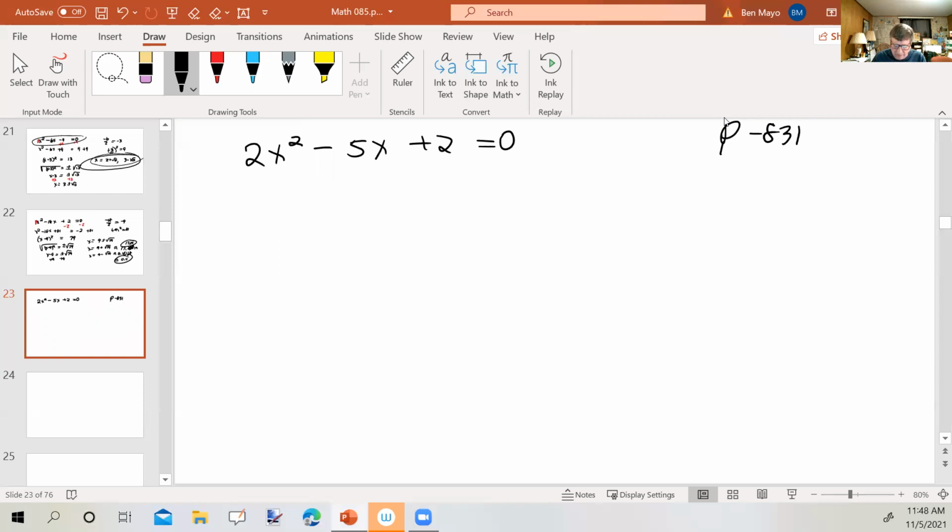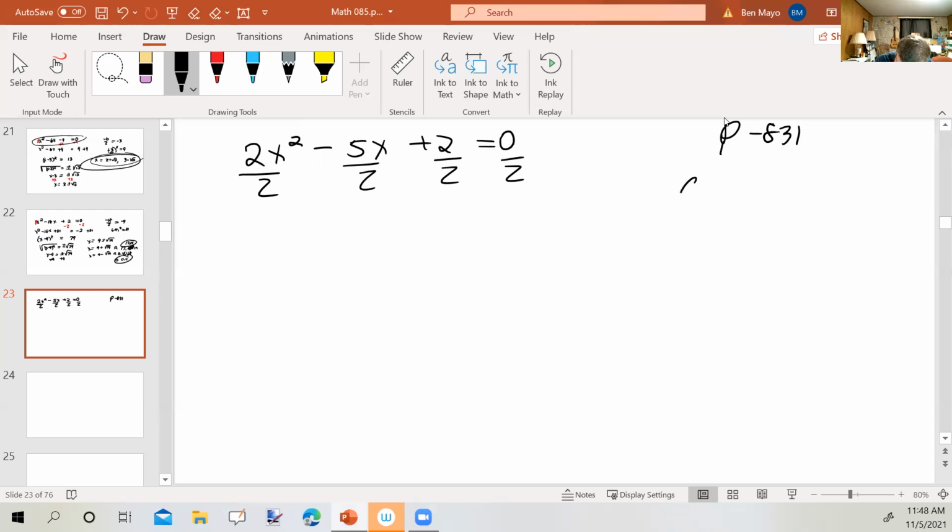But we're going to go through that now. So the first thing we want to do, we want to have a leading coefficient of a 1. And it's not, it's a 2. So what I'm going to do is I'm going to divide each term on both sides of the equation by the coefficient of the leading term, unless that coefficient is already a 1.